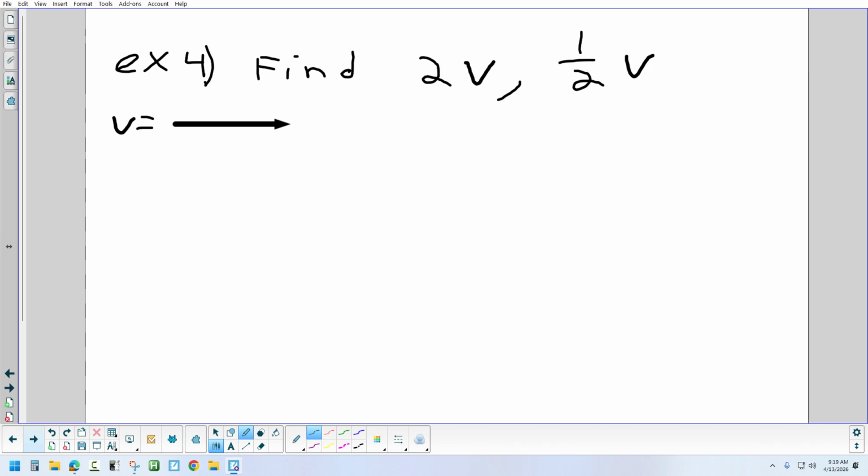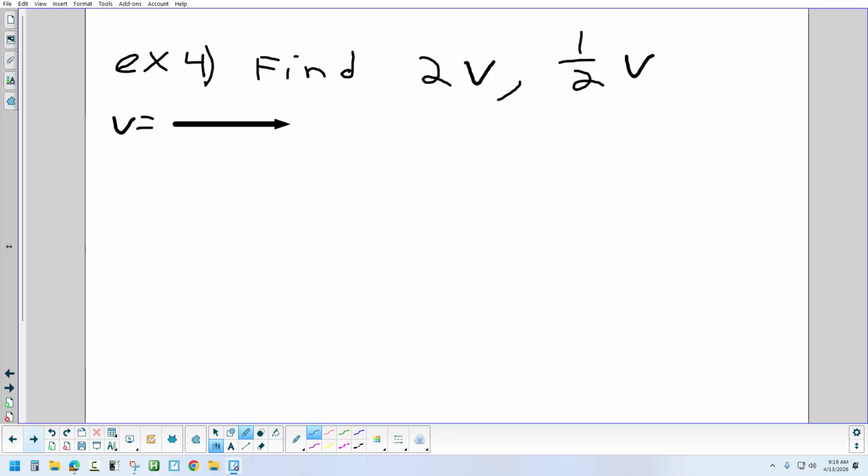And I don't want to use a ruler and measure anything. I just want to find exactly 2v. So what could I do? Could you just double the original vector? Yeah. How would you do that? Like on the board visually, what would I do?